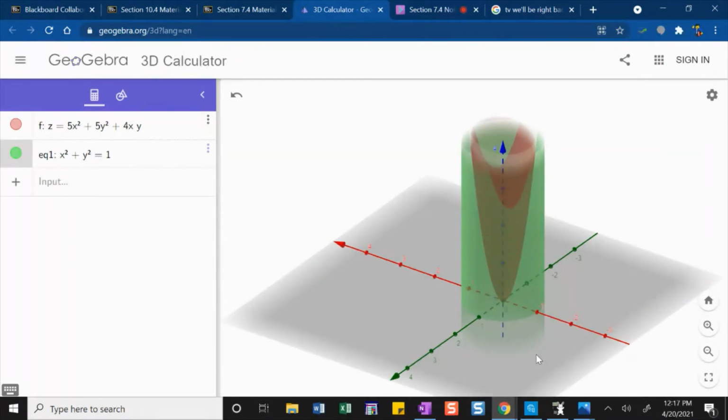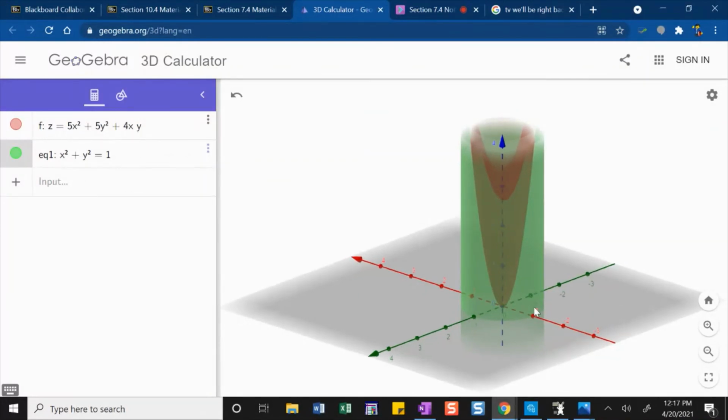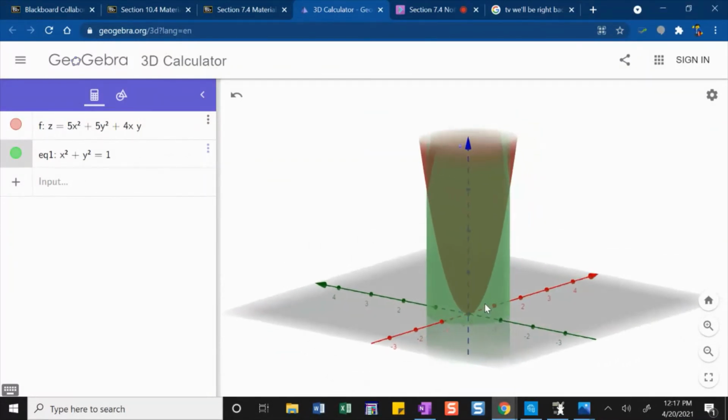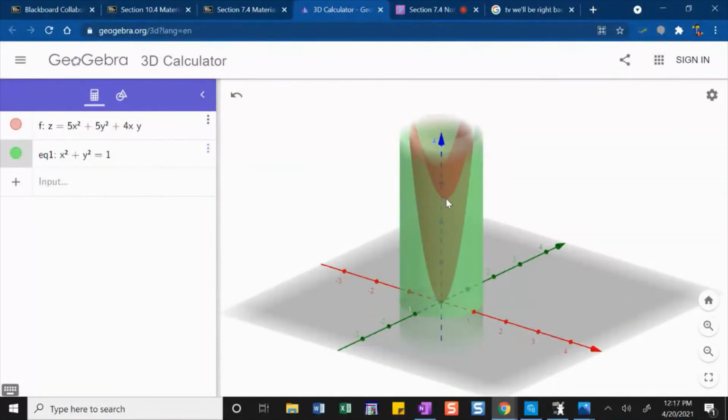So we're either going to be in quadrant 2 or quadrant 4 in this one. So there's another point of intersection that gives us the minimum value of 3, and that's on the exact opposite side. Okay, so here's another instance of a lowest point on the rim of the intersection, and that's at 3 as well.